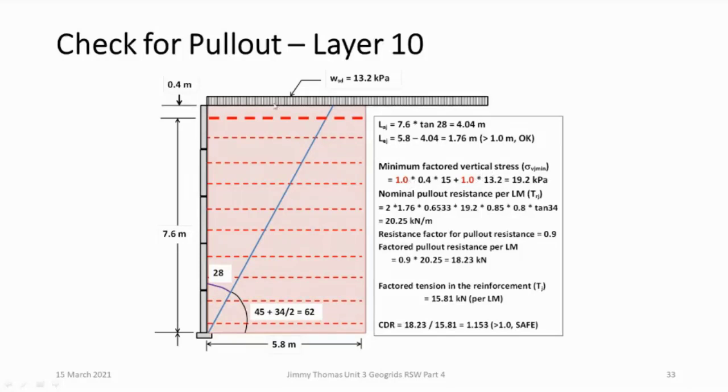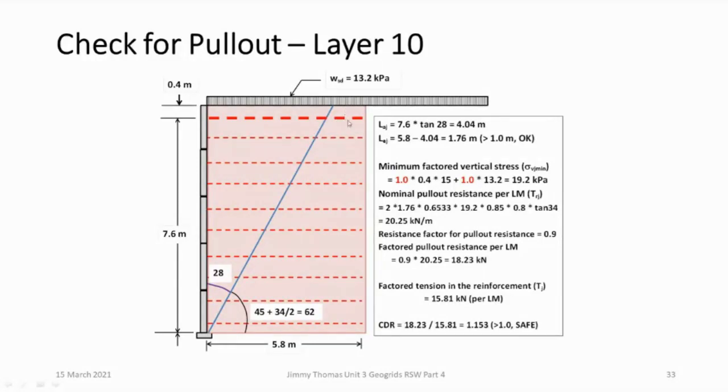And similarly, we calculate the vertical stress. So 1 into the height above that, which is 0.4, into unit weight plus load surcharge. And the load resistance multiplied by the resistance factor, we get 18.23. The factored tension we have calculated, it's 15.81. CDR is again more than 1. So it is safe. But sometimes you find in the top 1 or 2 layers we may have a problem.